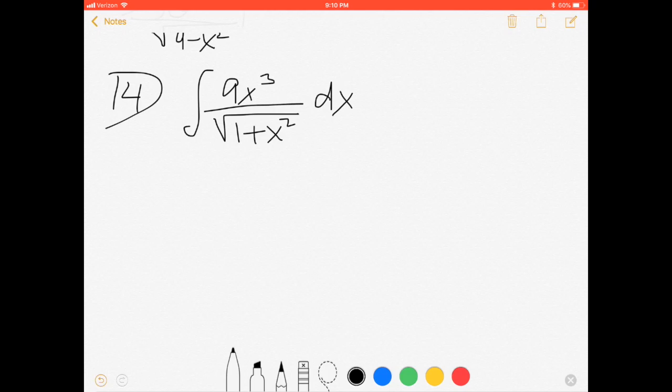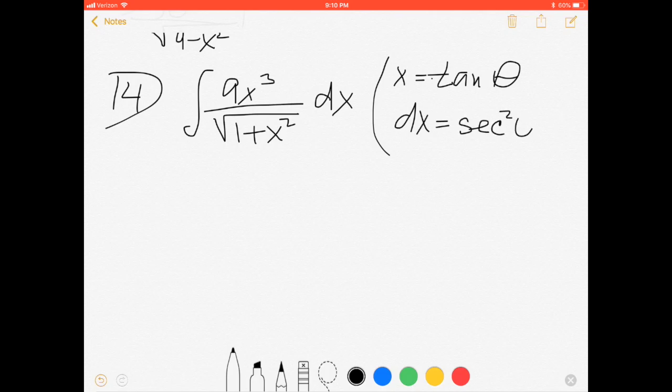Because a is 1, you have x equals tangent theta, and dx will be secant square theta d theta. Okay, now we're ready for plugging. What do you have here? Oh, this 9, I can take it out of my integral.